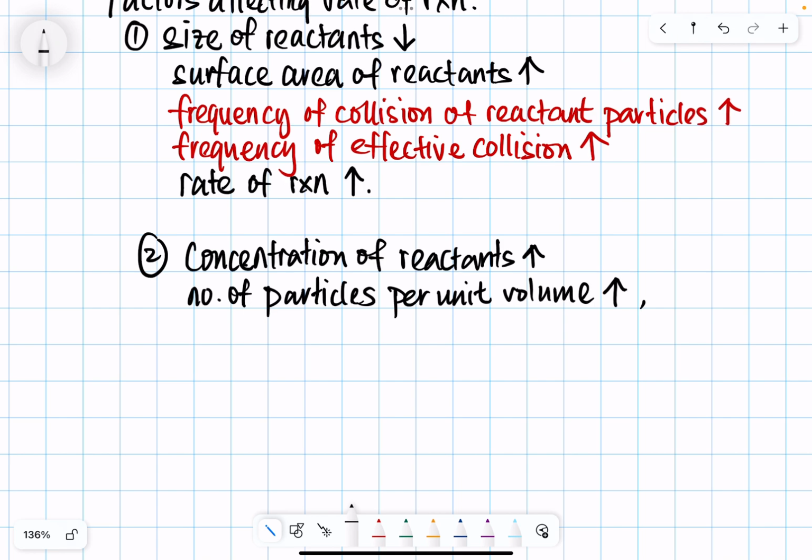That means you will have a higher frequency of collision, and then a higher frequency of effective collision of the reacting particles. In other words, that gives us a higher rate of reaction. Here's a gentle reminder: you can use this kind of shortcut, but in the real exam, we will still have to write the full name of this.